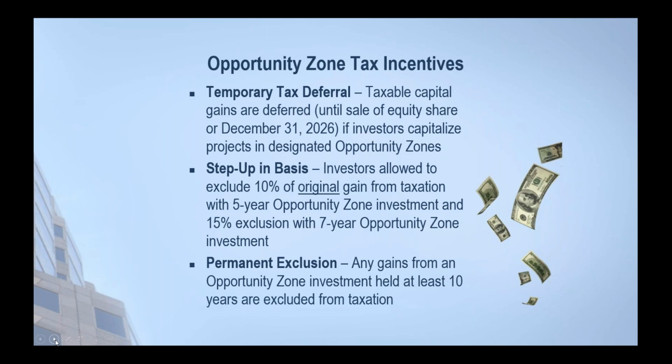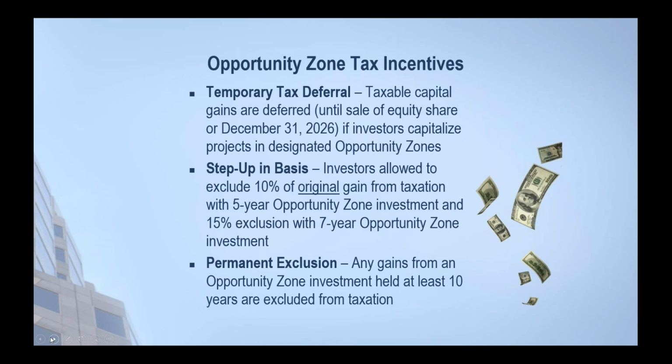The third benefit is equally attractive, and this is a permanent exclusion from taxation of any gains realized on the Opportunity Zone investment itself if you hold that investment for at least 10 years. So let's say you invest in an Opportunity Zone project.